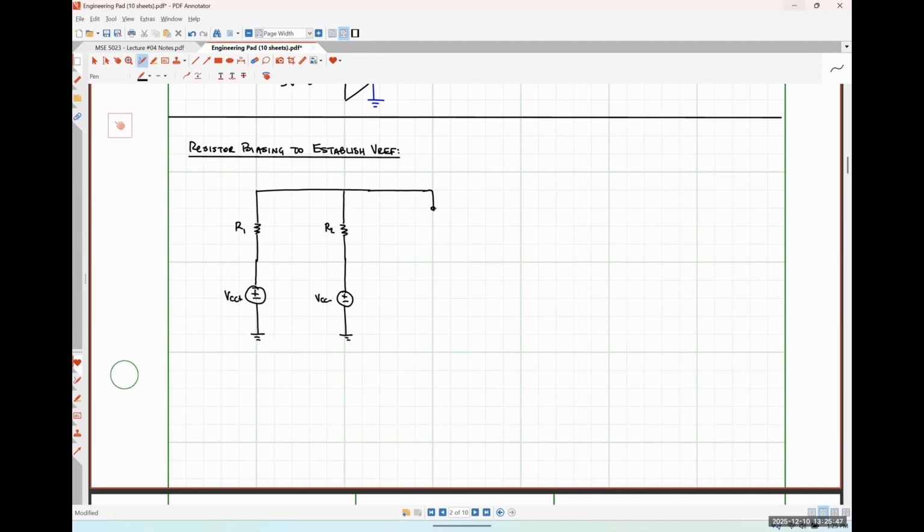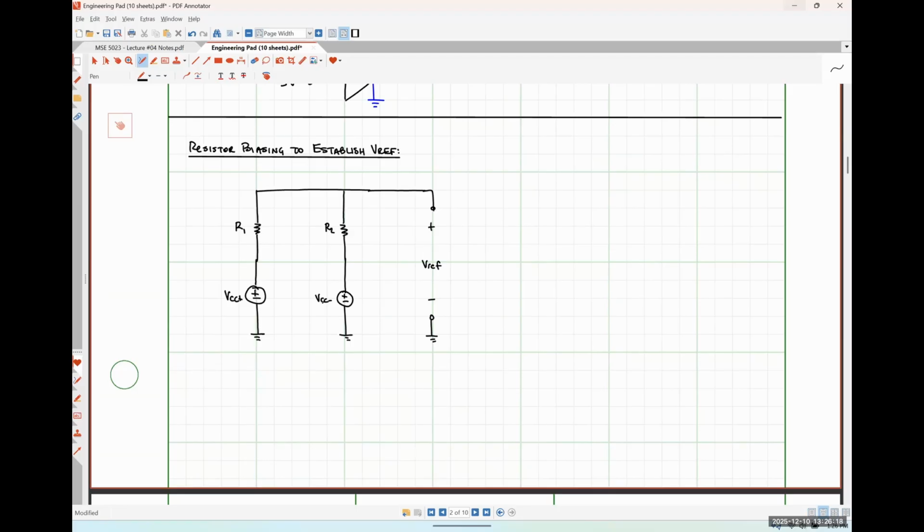And I'm going to say that our reference voltage is just the voltage drop across this portion of the network with respect to ground. I know that this is drawn in kind of an obtuse way, but this is trying to indicate that V reference will always be between VCC plus and VCC minus, depending on what values of resistors that we choose. Okay.